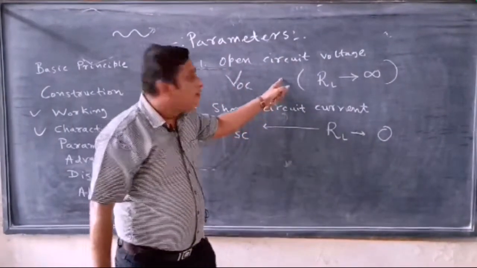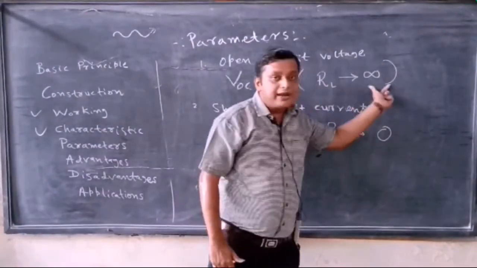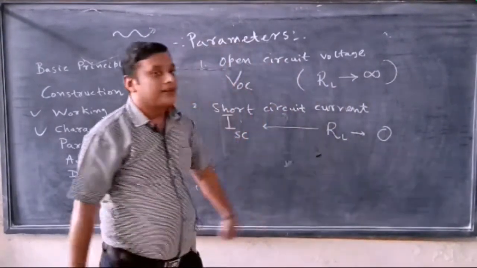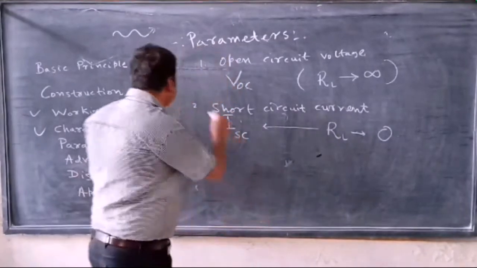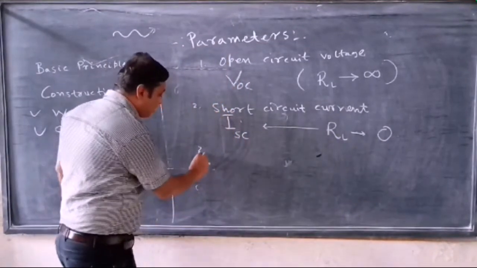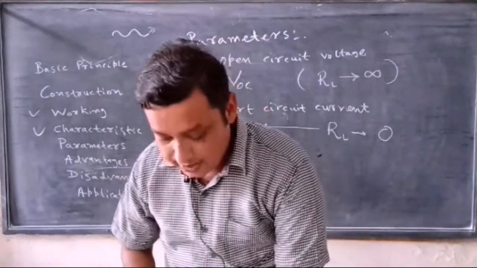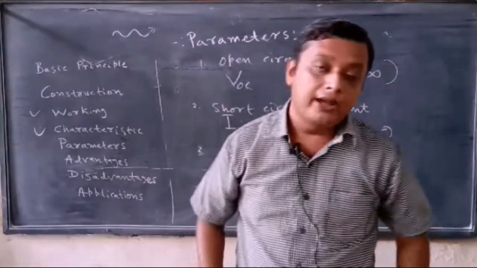Whenever load resistance tends to infinite, the voltage developed across the solar cell is known as open circuit voltage.